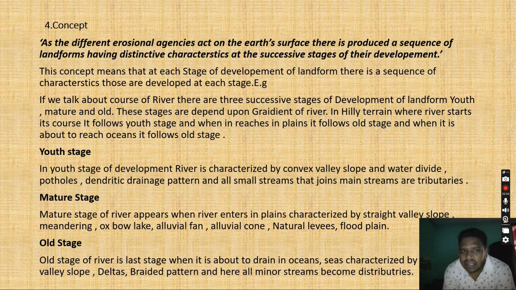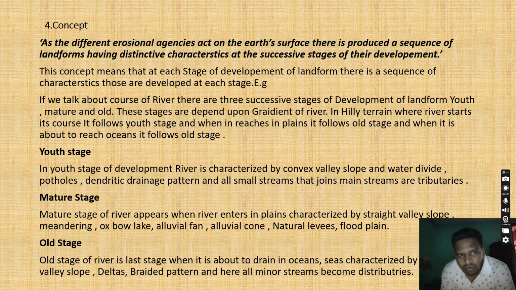So we can say, as the different erosional agencies act on the earth's surface, they produce a sequence of landforms having distinctive characteristics at successive stages of development. As we go from the youth to the old stage, we have different landscapes, resembling the river following some path in a sequential format.